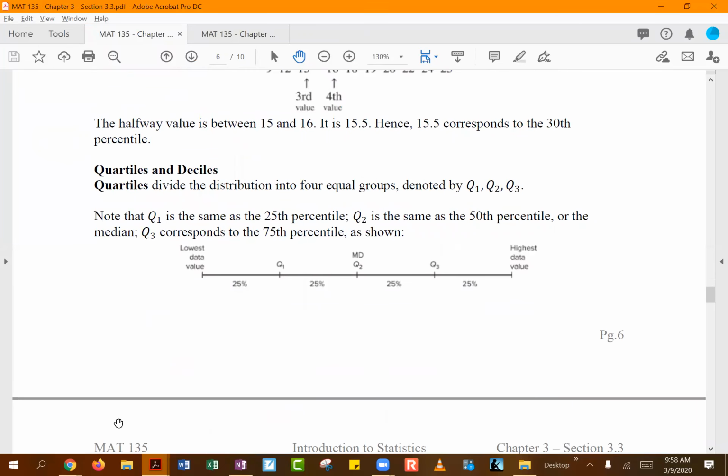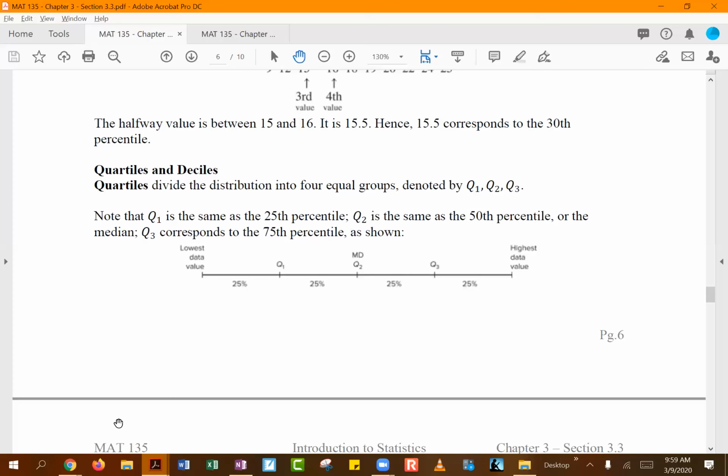All right, so percentiles can be broken down into quartiles and deciles. Quartiles means you're looking at the 25th, the 50th, and the 75th percentile, because you're breaking that up into quarters. So quartile 1 is the 25th percentile, quartile 2 the 50th percentile, and quartile 3 the 75th percentile.